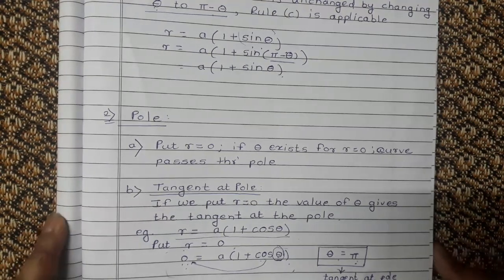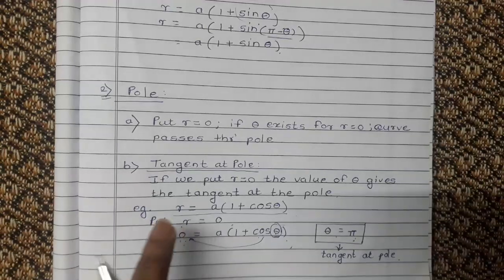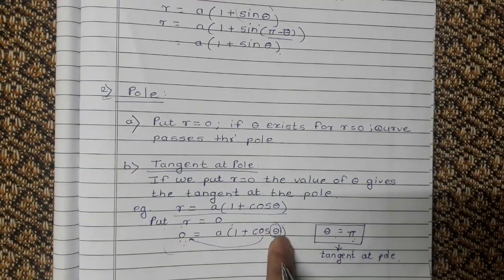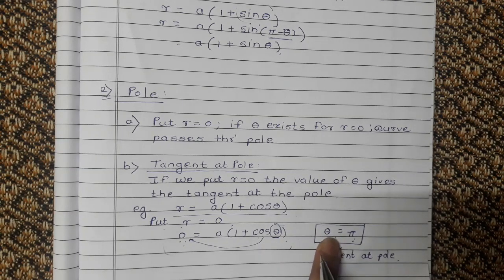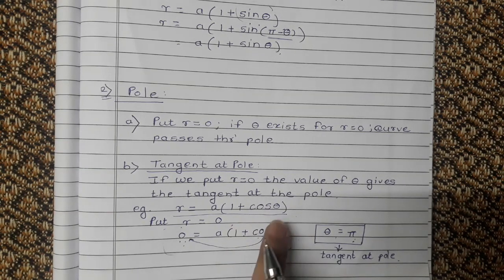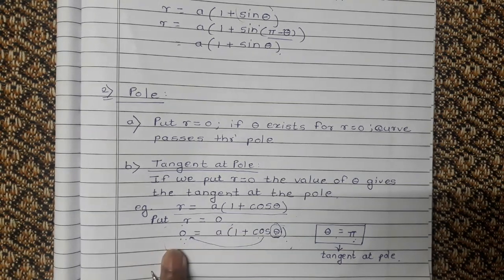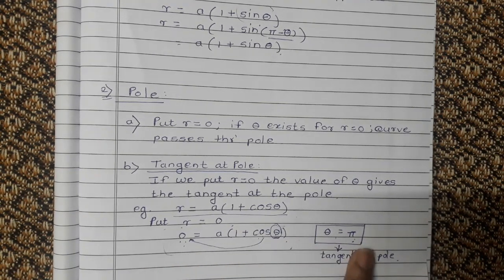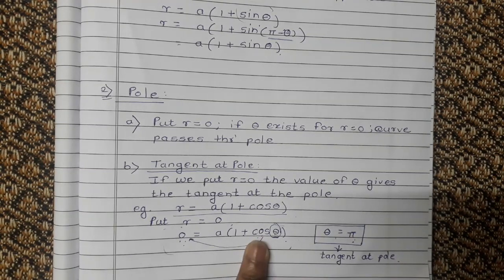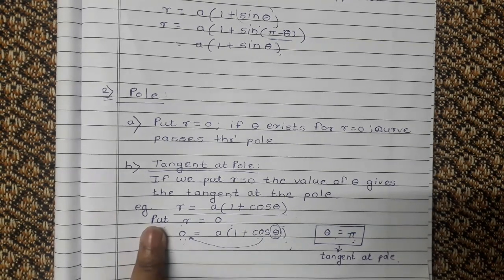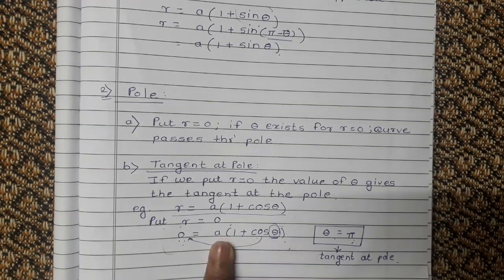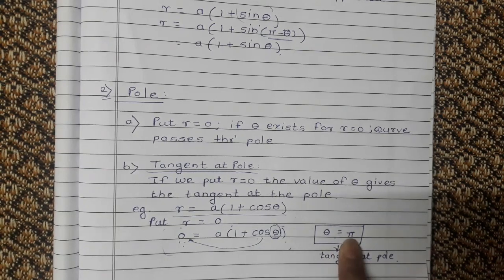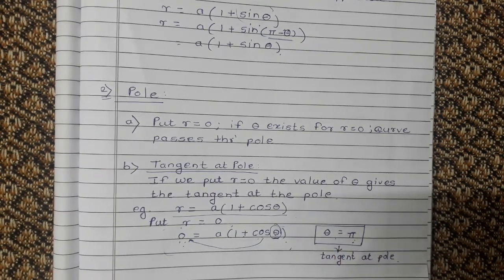What I did here: when you substitute r is equal to 0, to satisfy this equation I need cos theta to be equal to some value. So when I substitute theta is equal to pi, I get cos theta is equal to minus 1, so that the right hand side becomes 0 and the equation gets satisfied. So that means theta is equal to pi is the tangent at pole.